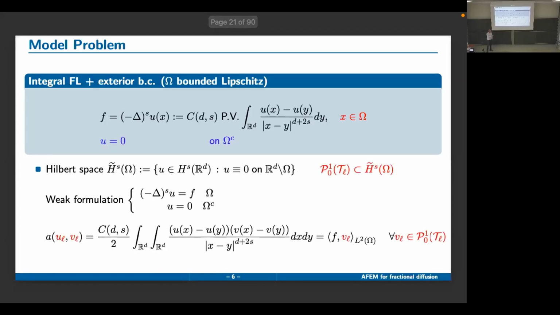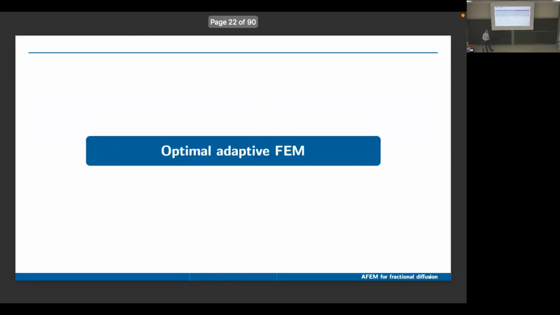For the Galerkin formulation, the space of piecewise polynomials of degree 1 is a subspace of H^s tilde with zero boundary conditions. So we can just replace all these quantities by the discrete functions and have your Galerkin formulation. By the Lax-Milgram lemma, we have unique solvability of the Galerkin formulation. So this is nothing new.